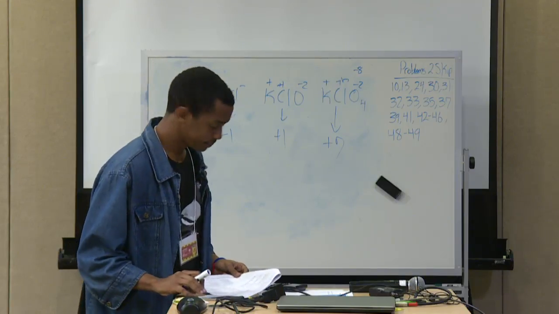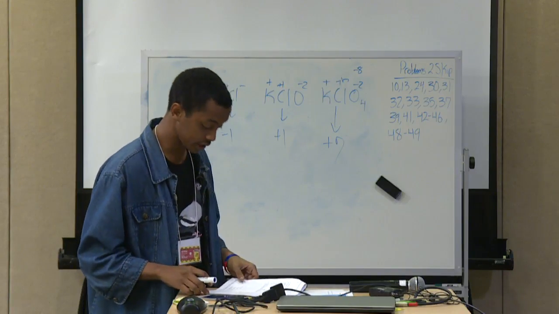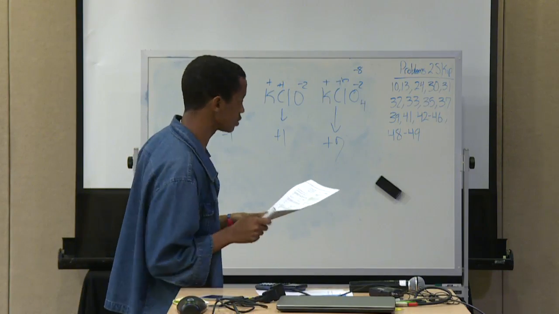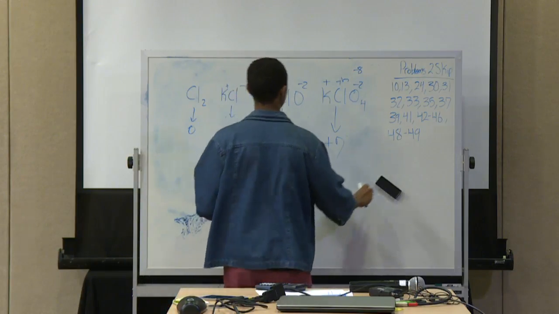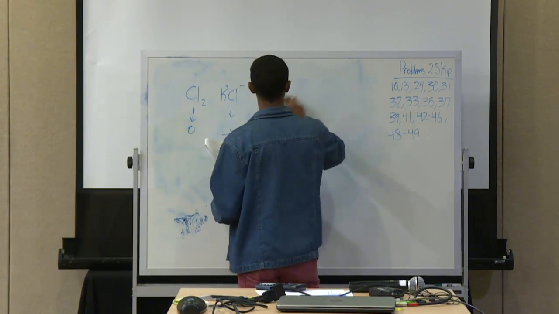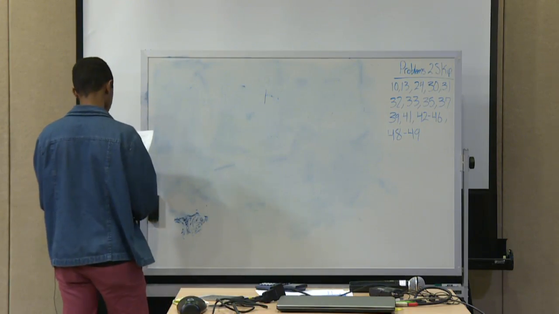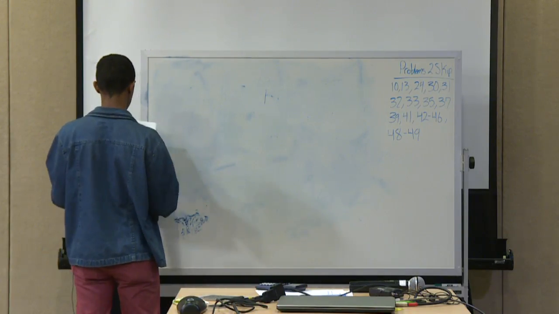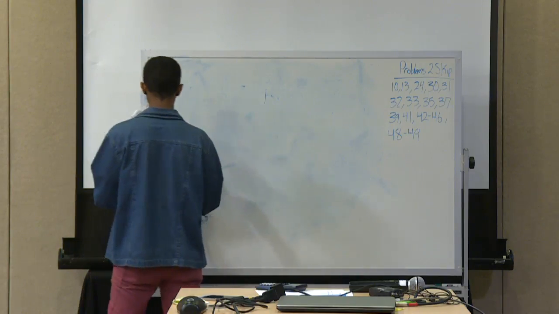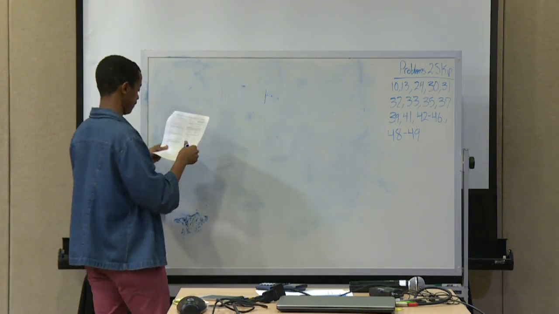Okay, just give me 39. 40. Cool. What is the cell potential for the following reaction? They give you 2 half cells, right?